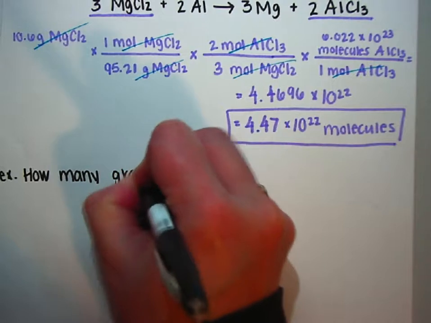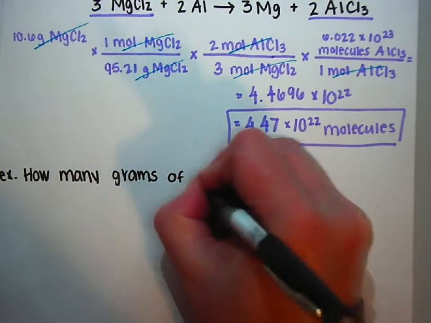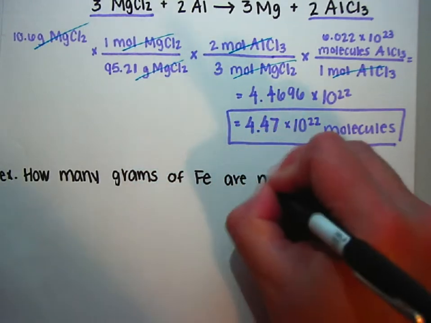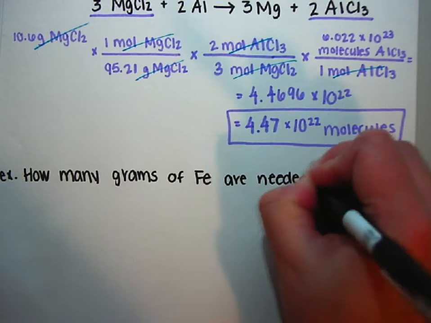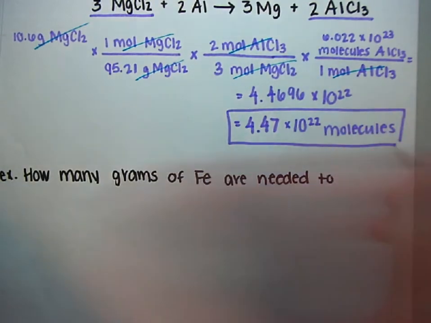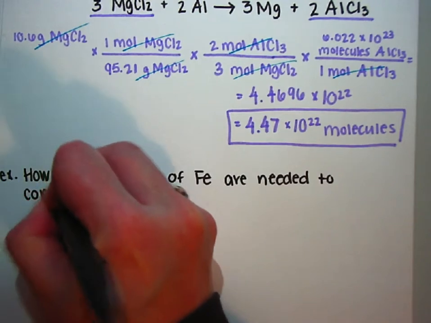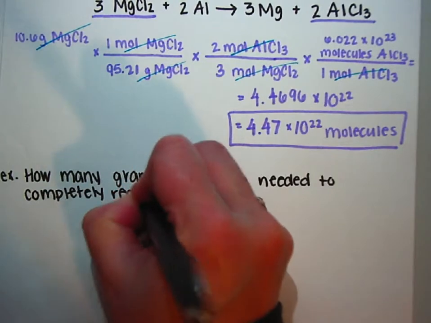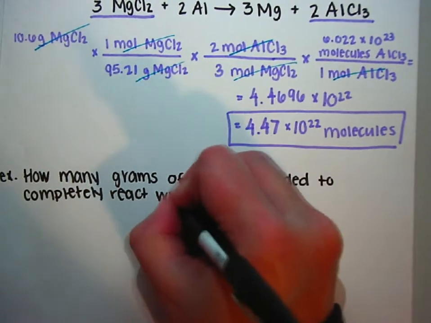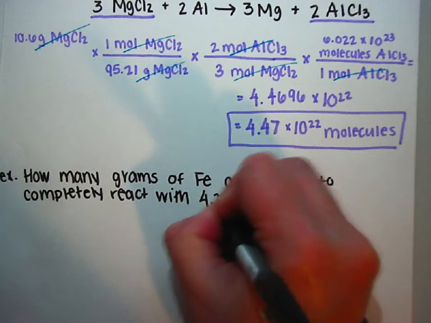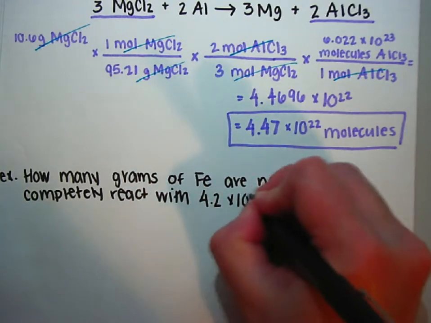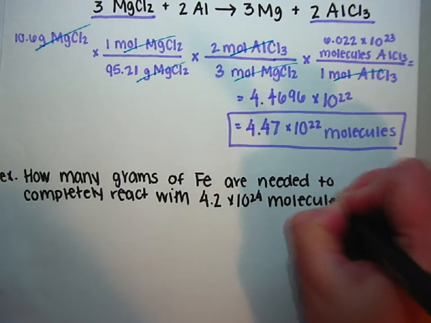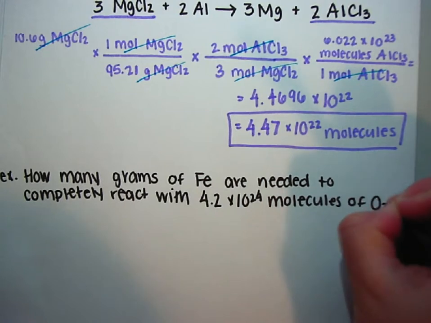How many grams of iron are needed to completely react with 4.2 times 10 to the 24th molecules of oxygen.